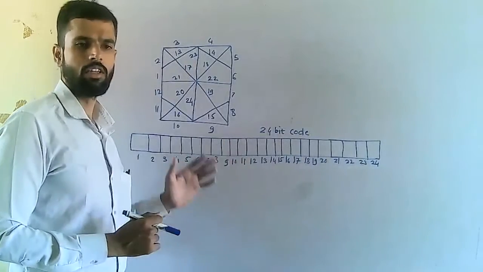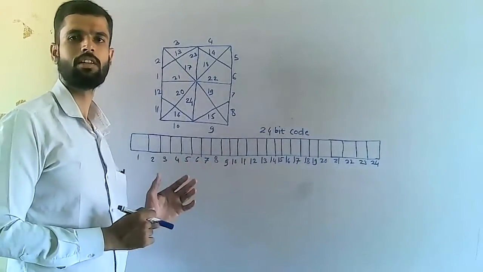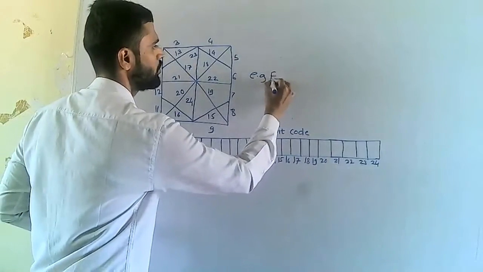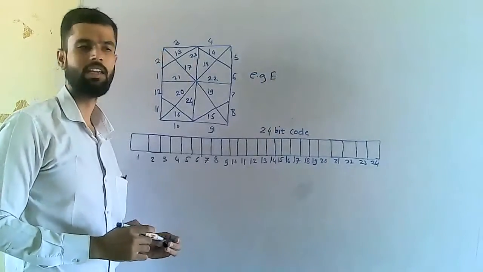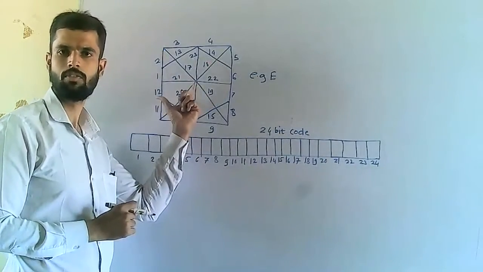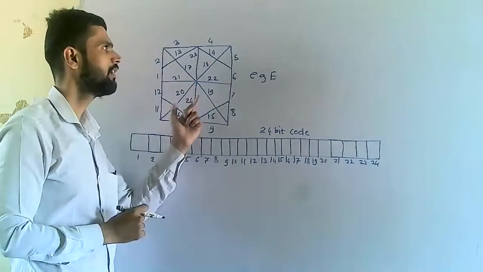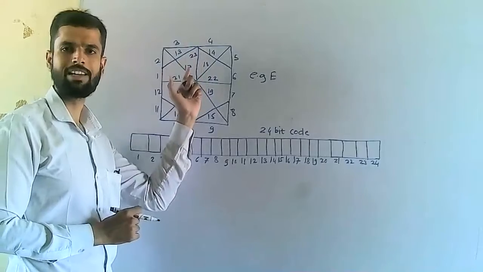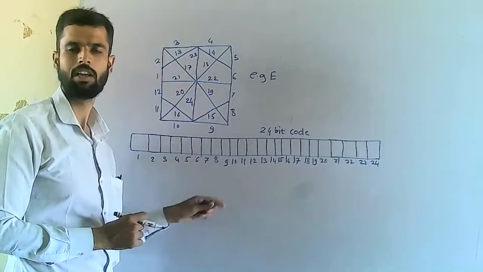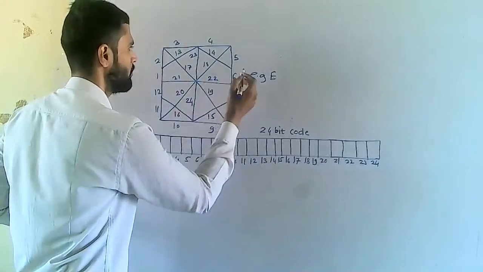Okay, suppose we want to generate the character E. For example, if we want to generate the character E, then we have to take the line segments from these fixed line segments, and the number of that particular line segment should be reflected in this 24-bit code. Okay, let's take this example.